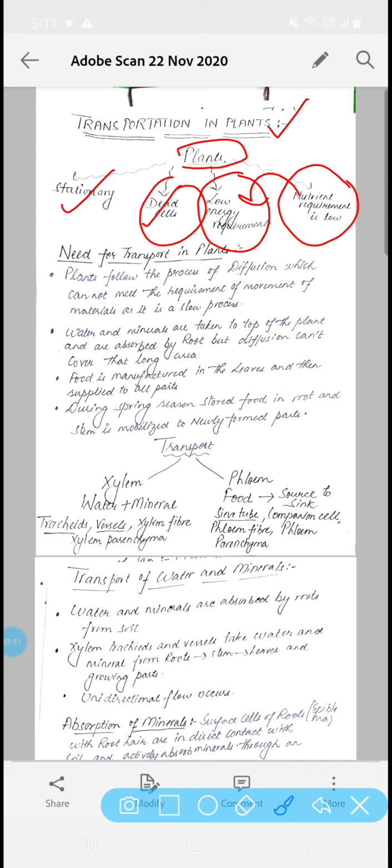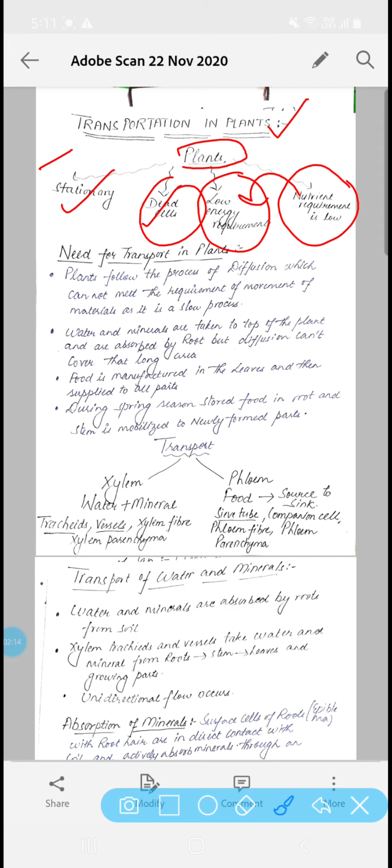So all these points show that plants need transportation, but the complexity of the plant is not as much as compared to animals. But plants also require the process of transportation.